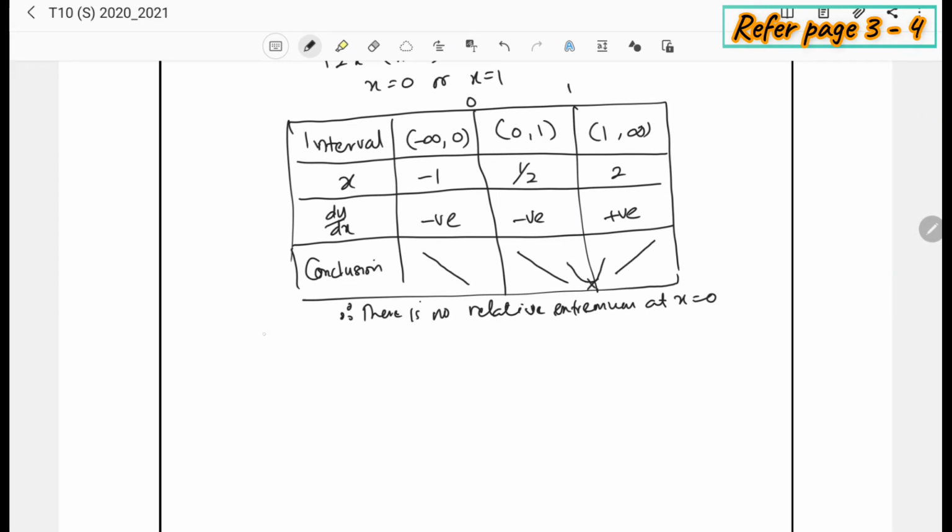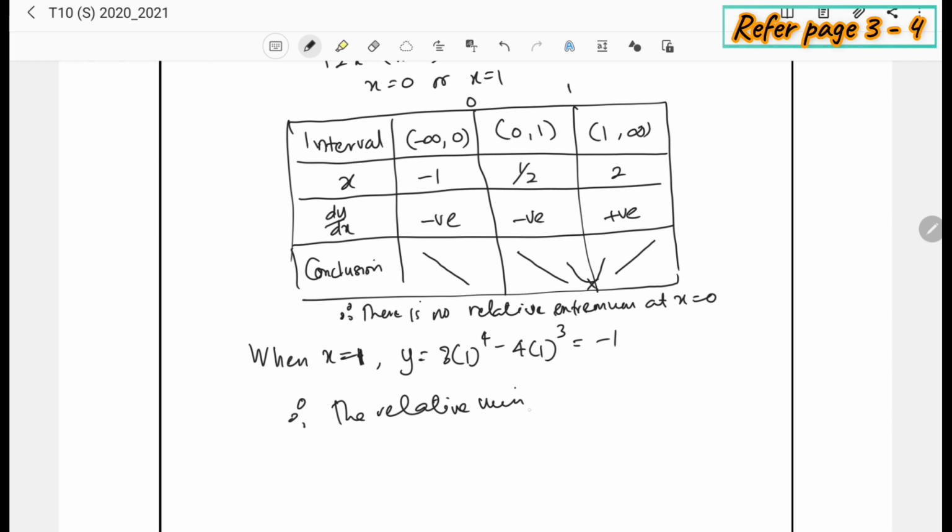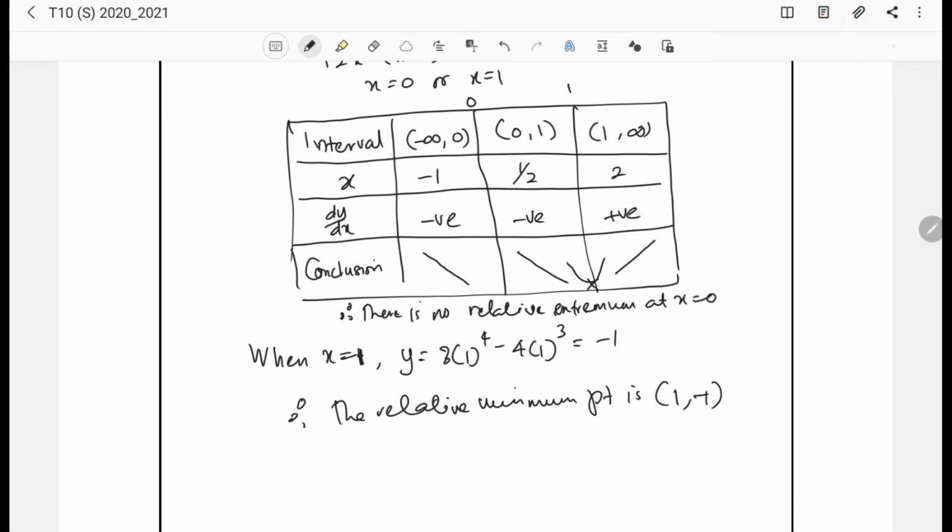So let's find the value of y. When x is 1, y equals 3 times 1 to the power 4 minus 4 times 1 cubed. So you get negative 1. So hence the relative minimum point is (1, negative 1).